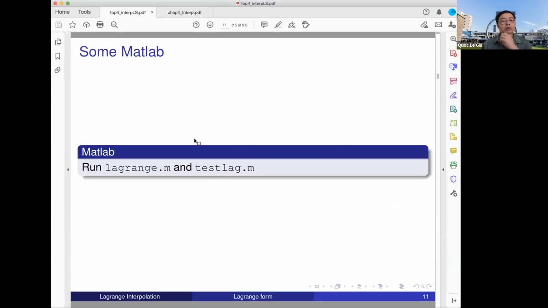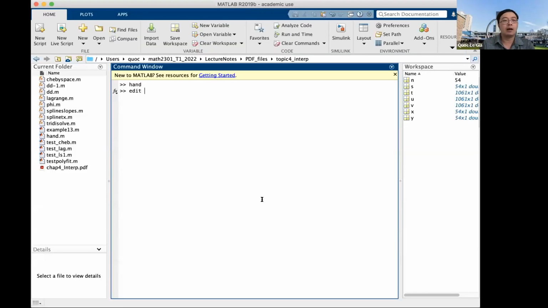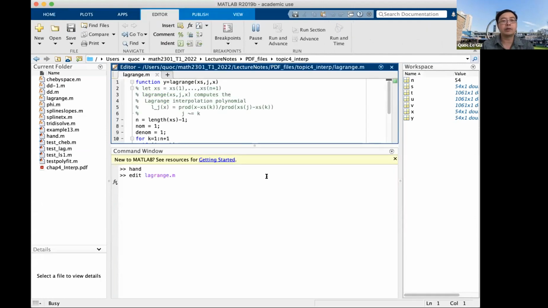Secondly, I want to show you how to implement the Lagrange polynomial in MATLAB very quickly. This one I posted on Moodle as well.